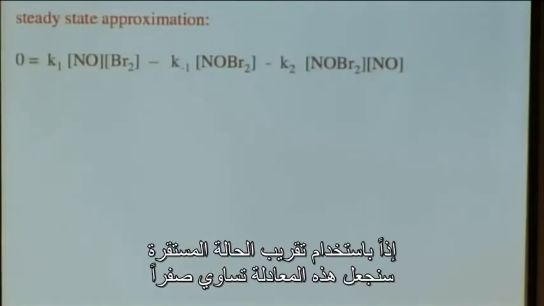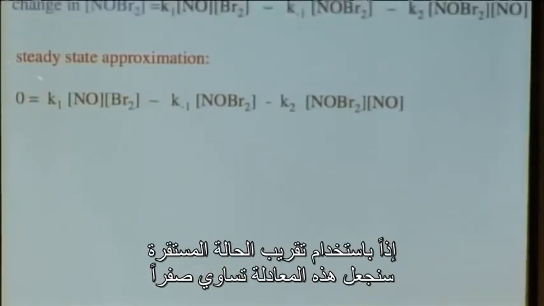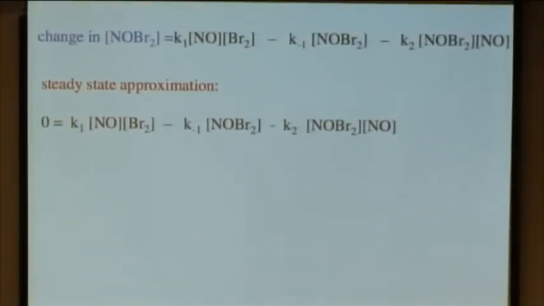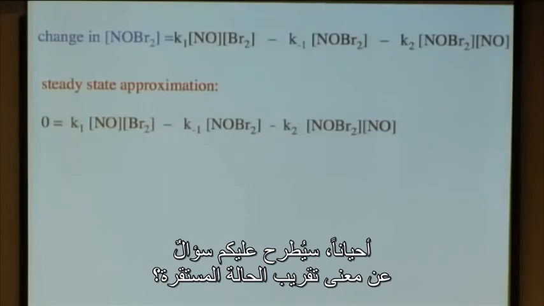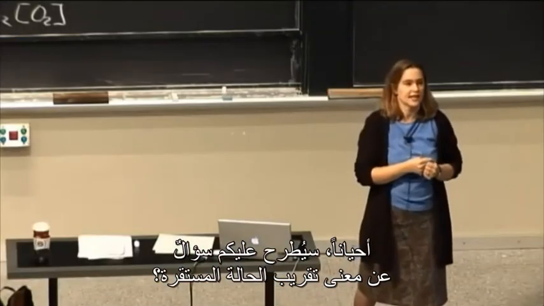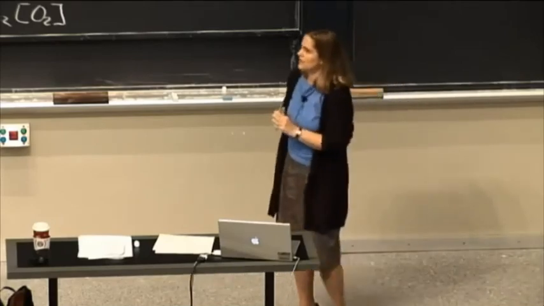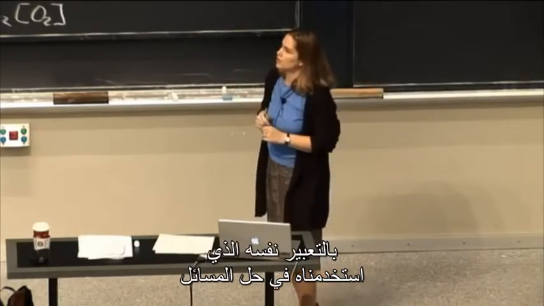So the steady state approximation lets you set this entire term equal to 0. And sometimes a question you might get is to say what the steady state approximation is. So you should be able to articulate that in words as well as use it on a problem.